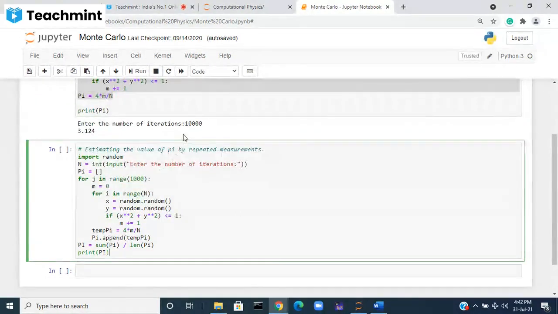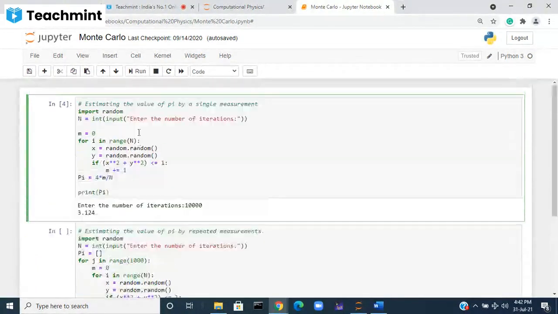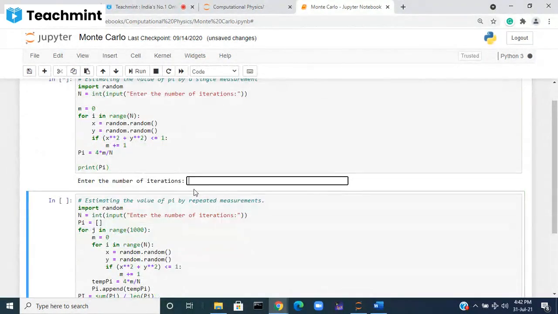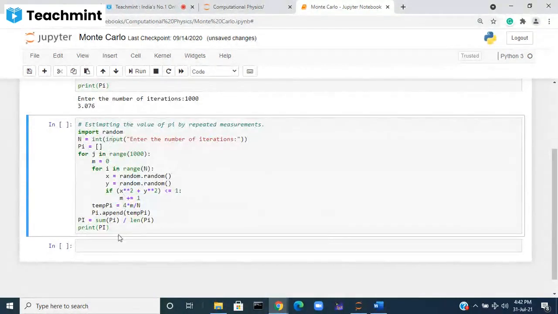So let us see. First, the single measurement: let us run the iteration for 1000 times. It gives an answer 3.076. Now, repeated measurements for the same number of iterations, that is, 1000 iterations.